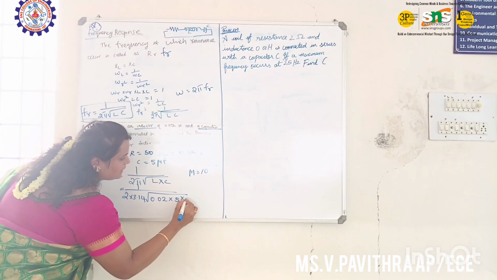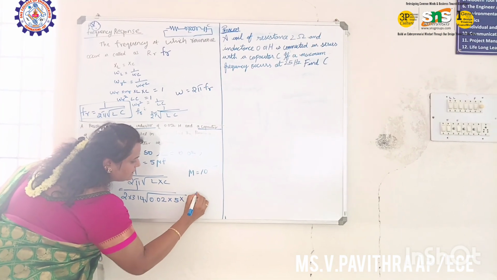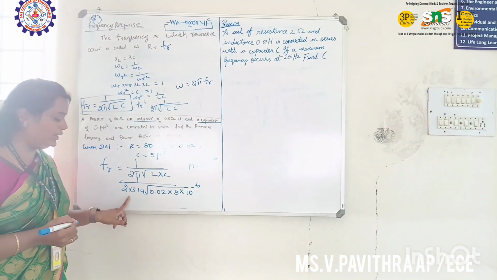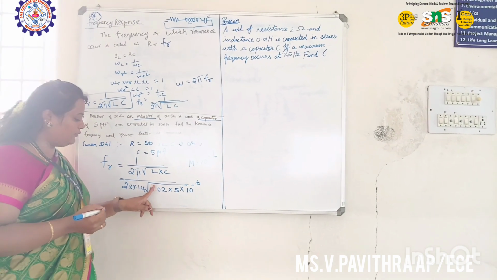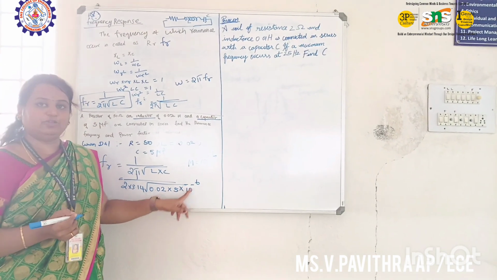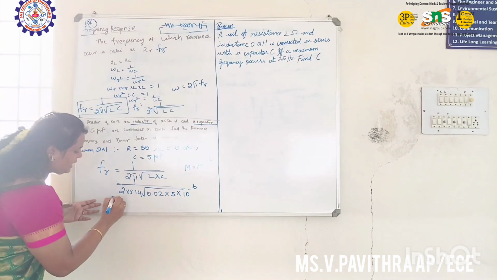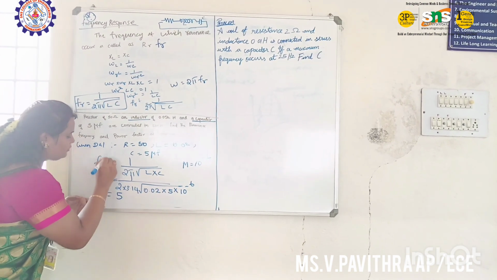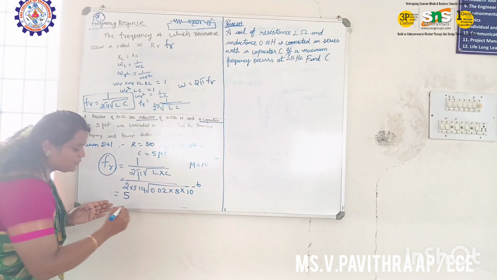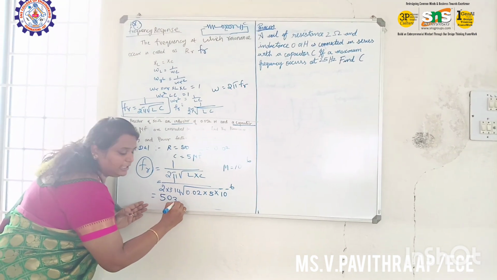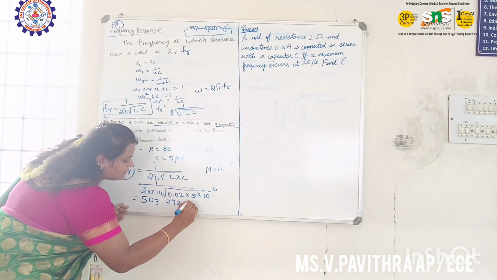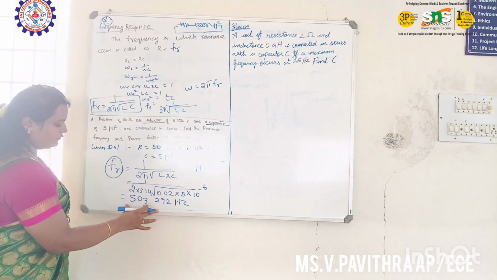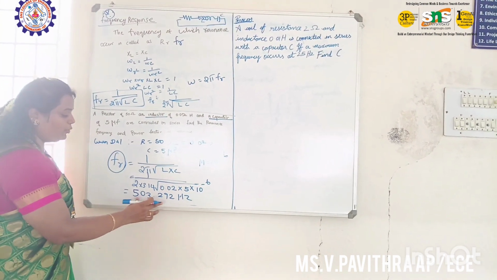So we substitute 10 to the power of minus 6 in the value: 1 divided by 2 into 3.14 root of 0.02 into 5 into 10 to the power of minus 6. Already I have calculated it. The final answer is 503.292 Hz. For this series circuit, I got the resonance frequency as 503.292 Hz.